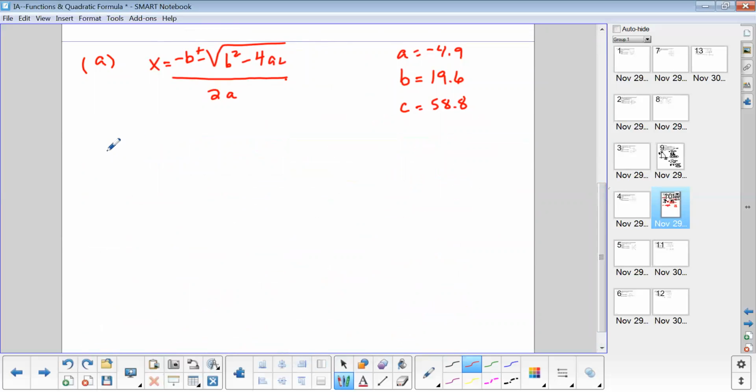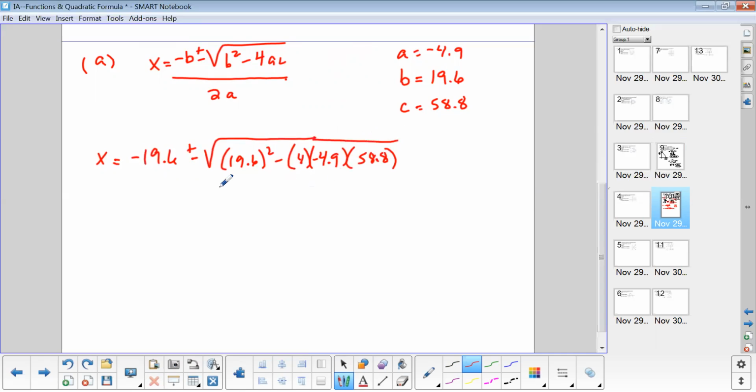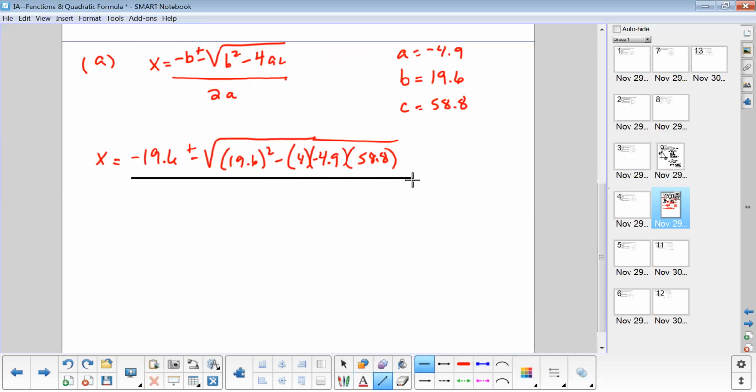So we're just going to substitute. So x equal negative 19 6/10 plus or minus the square root of 19 6/10 squared minus 4 times negative 4 9/10 times 58 8/10, all divided by 2 times A. So let's continue to simplify.